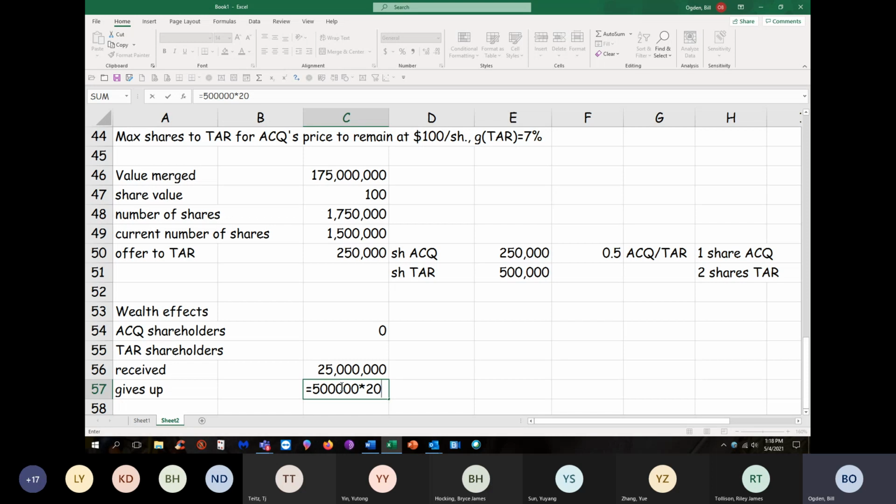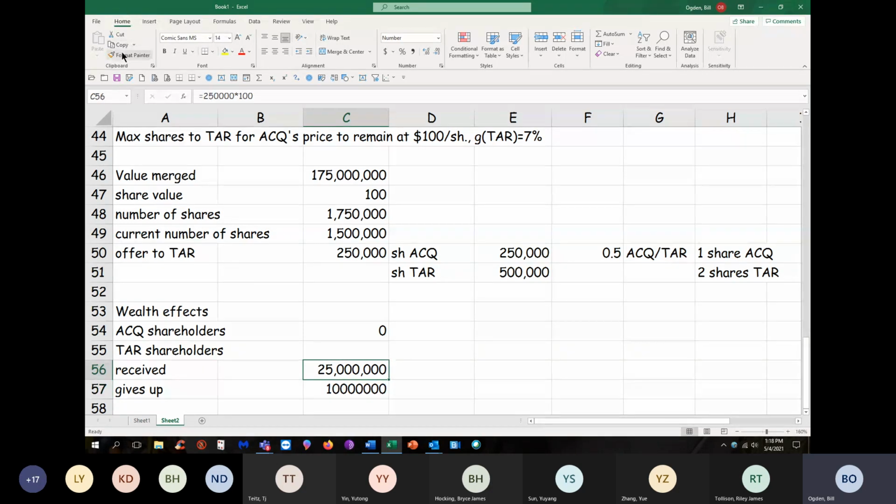So they are surrendering their 500,000 shares that have a value of $20 per share. They're receiving 250,000 shares that will have a value of $100 per share in exchange.